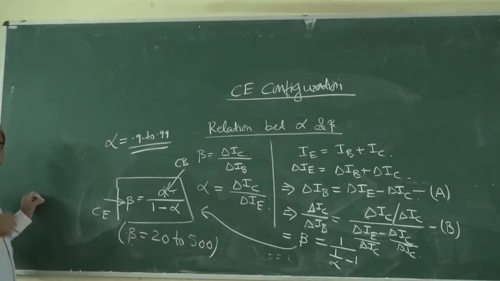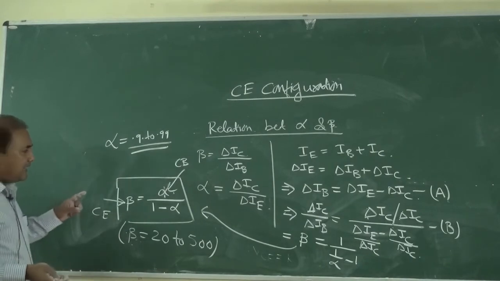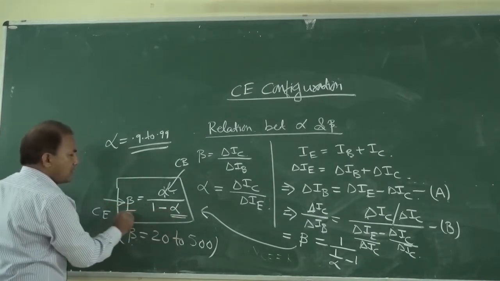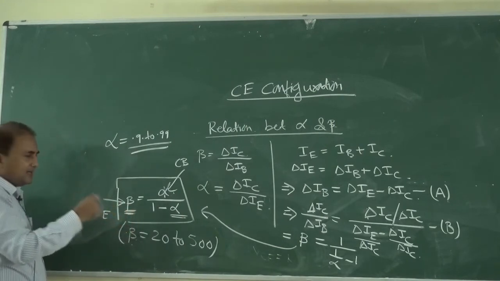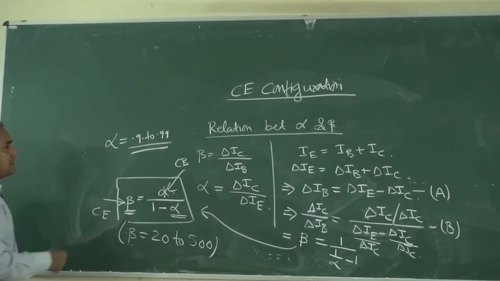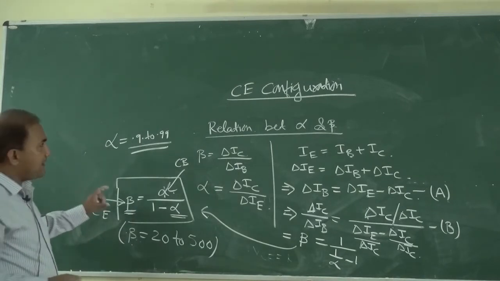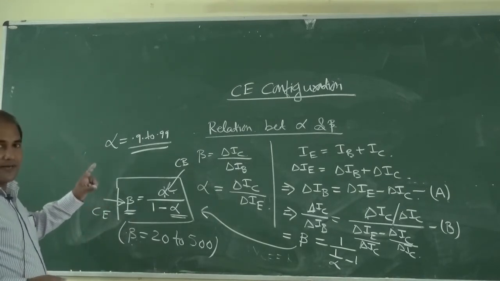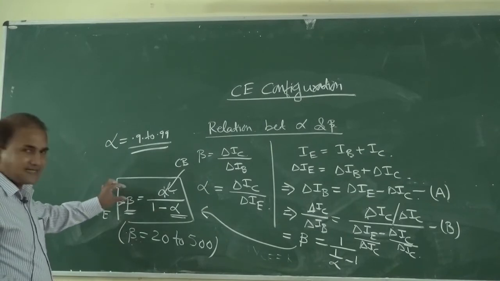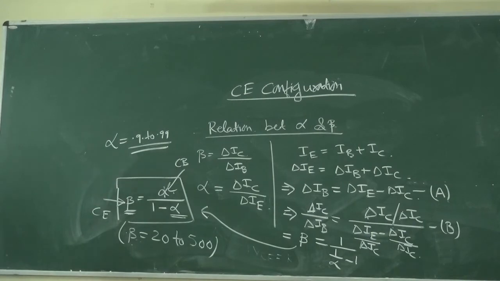Alpha is generally less than 1, so beta is very high as compared to alpha. So the current amplification factor in common emitter configuration is very high because beta is high.